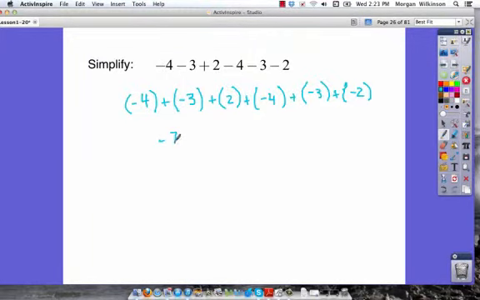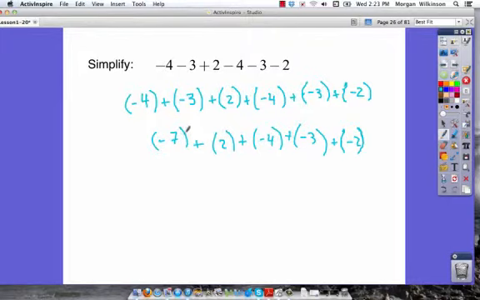That must be -7. We've got -7 plus 2 plus -4 plus -3 plus -2. Now, if you were following along with that, it took us quite a while to rewrite that, and that's okay.